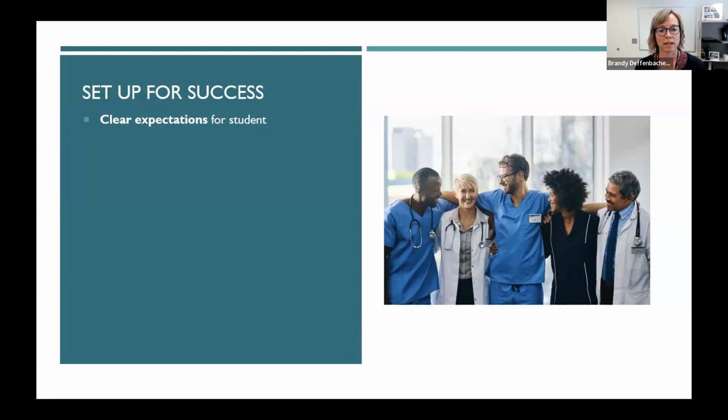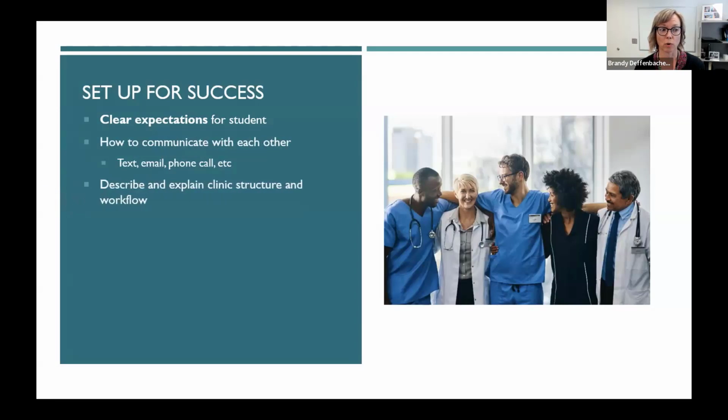So really setting the expectation about how to communicate with me and when. The next piece that I do ahead of time is really describe and explain the clinic structure and workflow so that they have a general sense of how things are supposed to work and they can think a little bit more about where they can fit into that process.